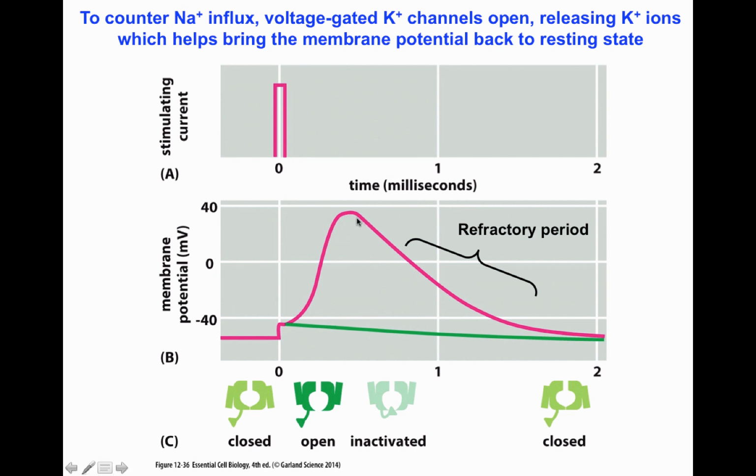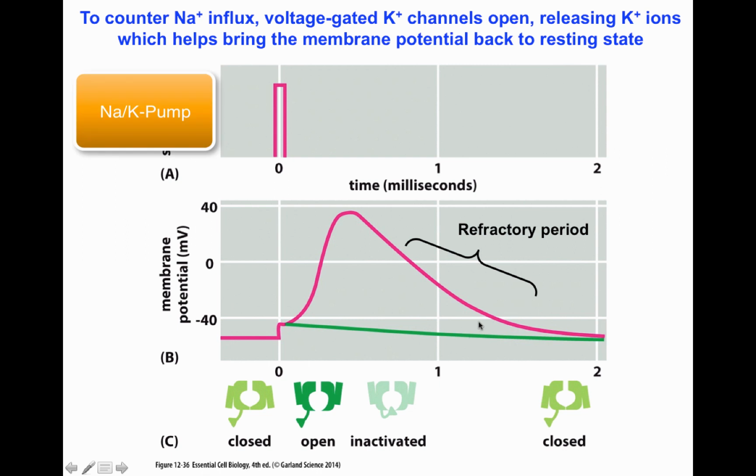That then results in a decrease of positive ions within the cytoplasm of the cell, resulting in a great and rapid decrease of the concentration of positive ions within the cytoplasm, resetting the membrane potential back to the resting state.